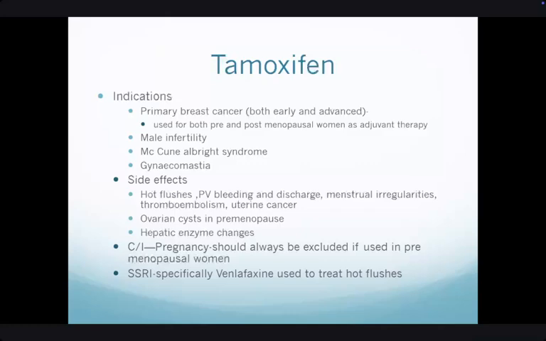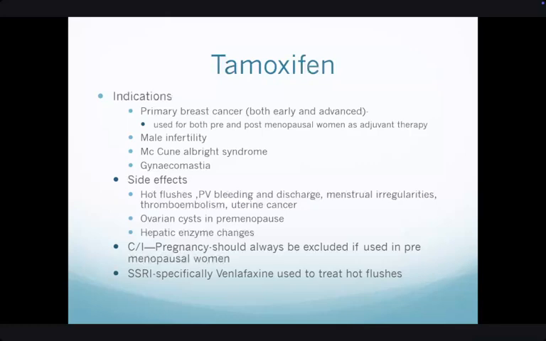Then we go to tamoxifen, which, as I did say, is a failed contraceptive currently used in all stages of breast cancer and chemoprevention in women at risk, osteoporosis and lipids in postmenopausal women. It's mainly used for primary breast cancer, both early and advanced, in both pre and postmenopausal women as adjunct therapy.